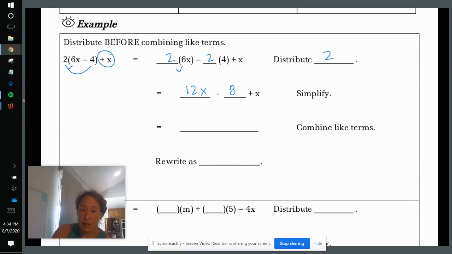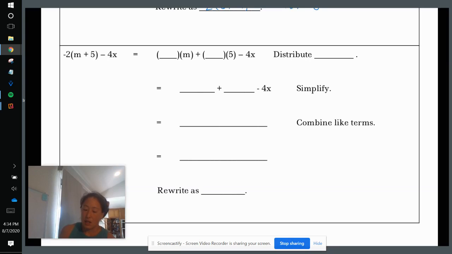Now we're going to combine any like terms we have. So I see there are 2 terms with x. So I have a 12x plus 1x, gives me 13x, and bring down the negative 8. So we combine our like terms, and we can rewrite this as 2 times (6x minus 4) plus x is equal to 13x minus 8. And that's it.